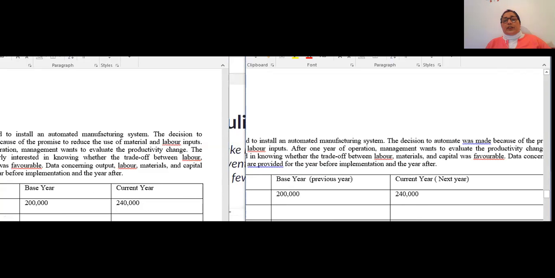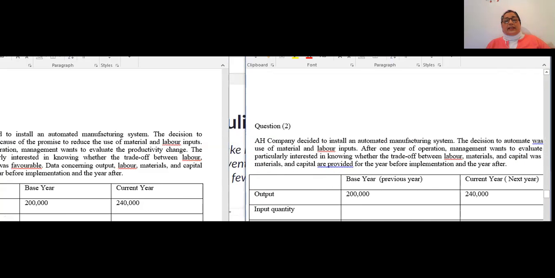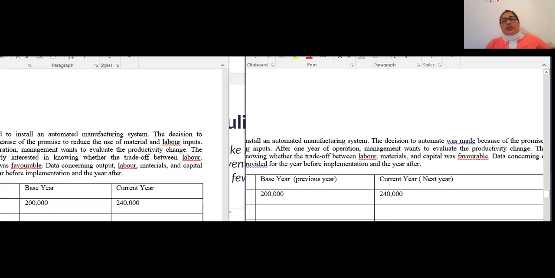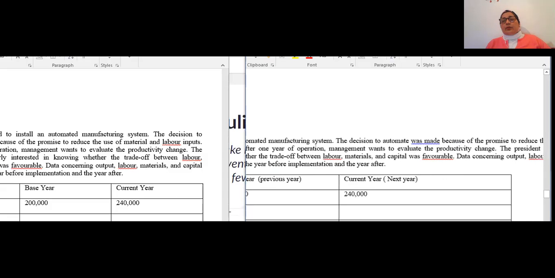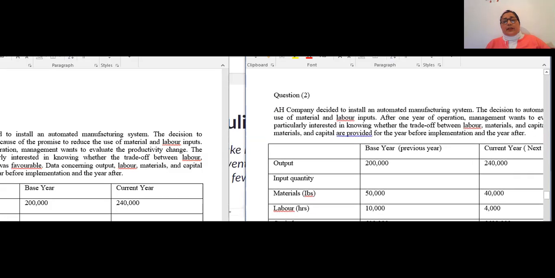After 1 year of operation, management wants to evaluate the productivity change. The president is particularly interested in knowing whether the trade-off between labor, material, and capital was favorable or not. Data concerning output, labor, material, and capital are provided for the year before and after the implementation.